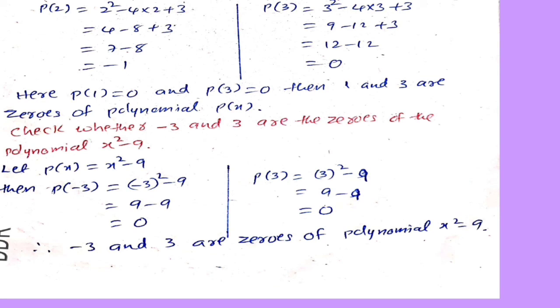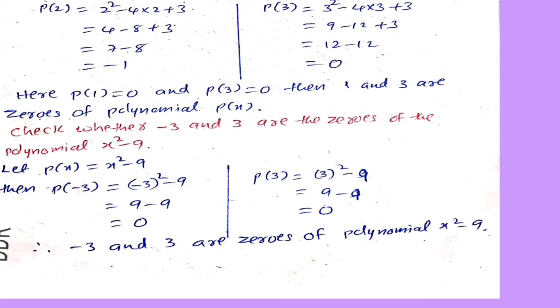If you observe the previous two problems, he gave the polynomial name p of x very clearly, but he did not give the polynomial name in this question. So the name of the polynomial is p of x, because it contains the variable x. First I substituted minus 3 in the given polynomial and I got 0, and I substituted 3 and the answer is 0.